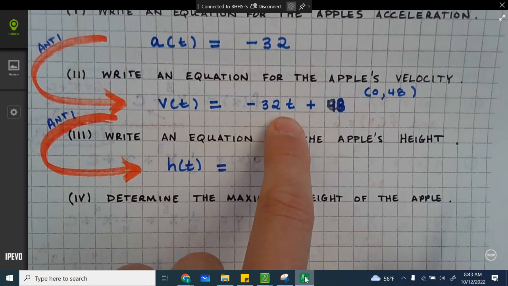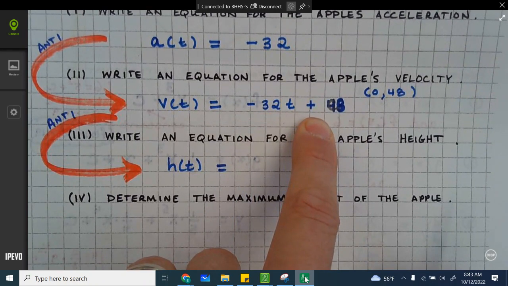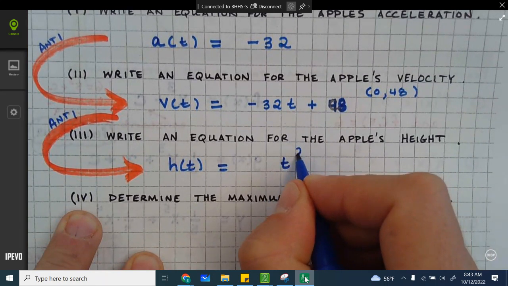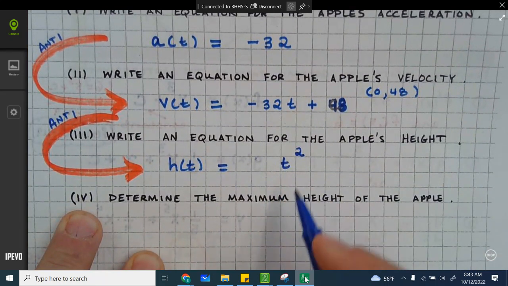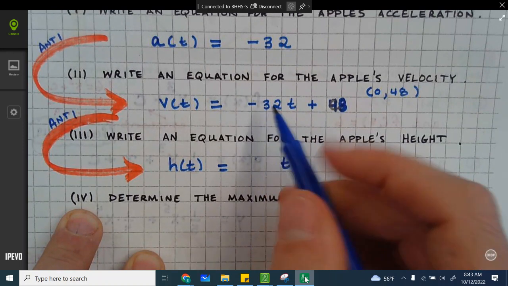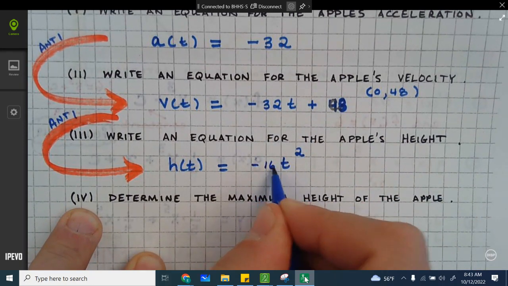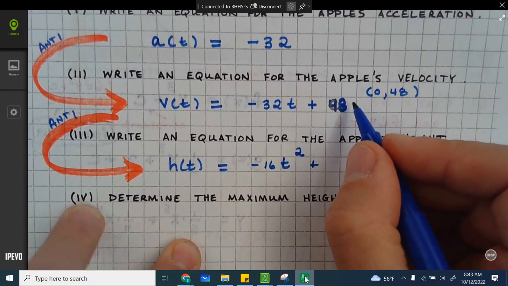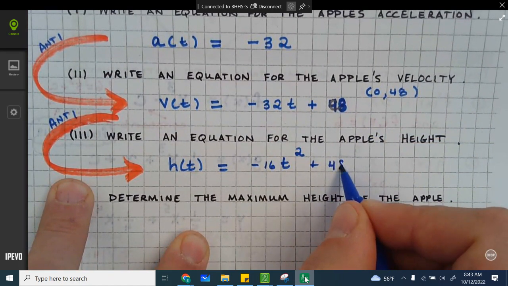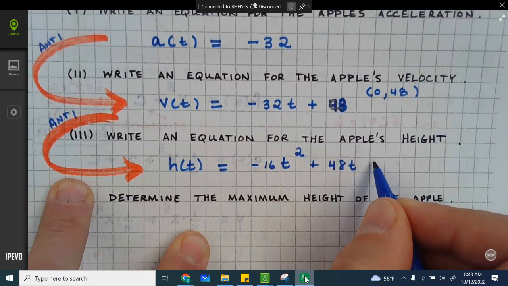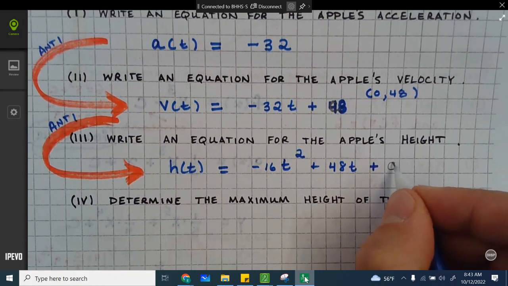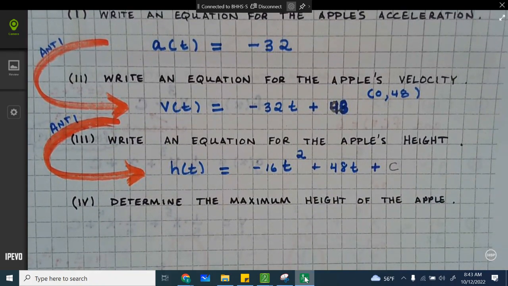Antiderivative of negative 32t. Well, we would have to knock the power up by 1, so this would become a t squared. So 2 times what would give us the negative 32? Plus 48 is constant, so the antiderivative would be linear, plus, I'll put the c in just for a second, but you guys are right.